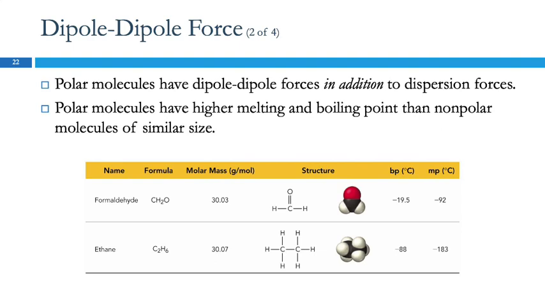And we have to just compare one difference at a time. We don't want to be looking at different masses and different polarities. So here we're looking at two compounds that have very similar molar masses, right? I mean, it's hard to get closer than that. This one here, we should be able to identify as polar.